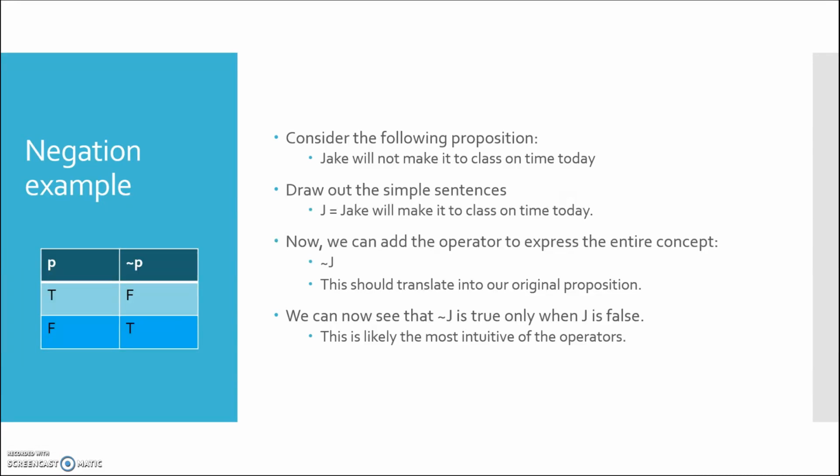Now we can add the operator to express the entire concept, not J. This should translate into our original proposition, and it might help to use the phrase, it is not the case. It is not the case that Jake will make it to class on time today. We can now see that not J is true only when J is false. This is likely the most intuitive of the operators.